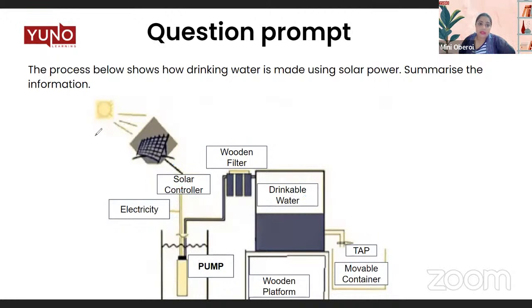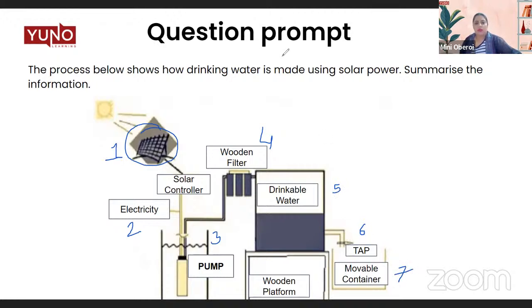Now, how many steps do we observe here? I will call it step number 1, solar power, right? The sun getting absorbed through the solar panel, the solar energy, then it gets converted into electricity, right? And after that, the pump starts working, the water is pumped here, drinkable water, yes, it is filtered, moved out of the tap, movable container.